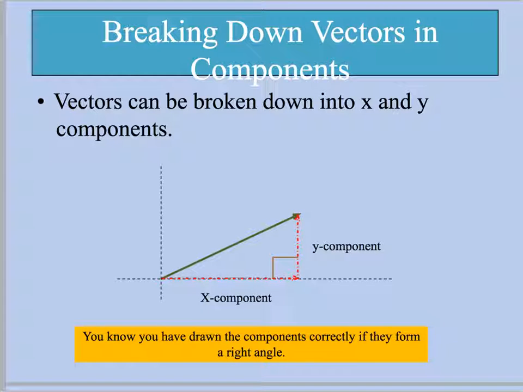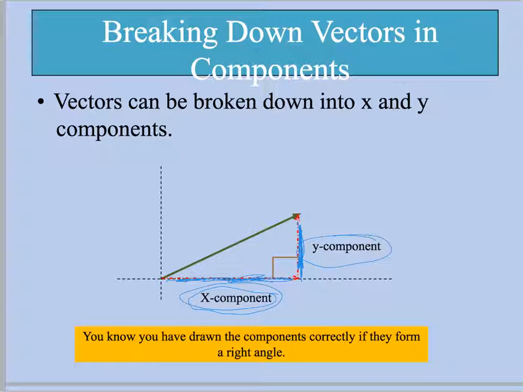Now in physics, we have specific names for the legs of the right triangle, and we call them components. And the components are labeled by the axis that they fall on. So if a component falls on the x-axis, we label it the x component. If the component falls on the y-axis, we call it the y component.